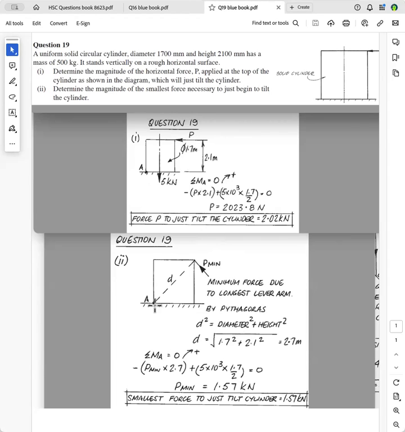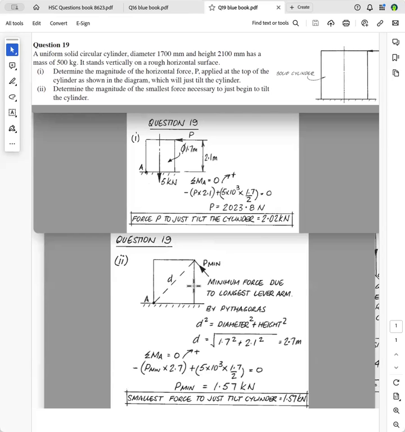Sum of the moments about A, make sure you put A there, as I mentioned before. So we've got P minimum going anti-clockwise, multiplied by 2.7, plus the weight force acting through the center of mass. They'll always give you the center of mass if it's not obvious.